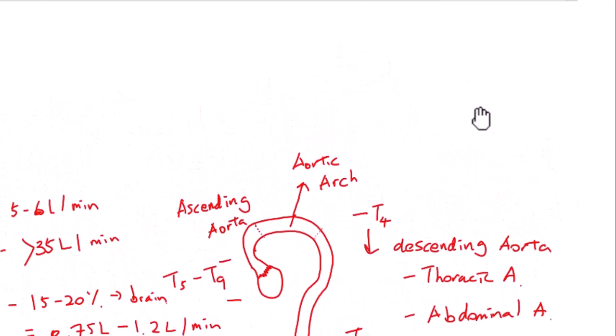From the aortic arch rises our brachiocephalic trunk on the right side, and the common carotid artery on the left side, and the subclavian artery on the left side as well.